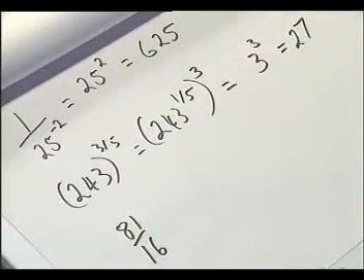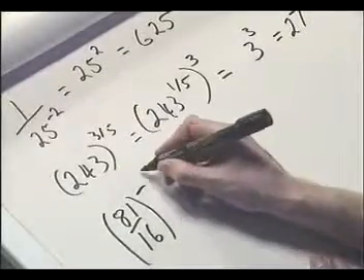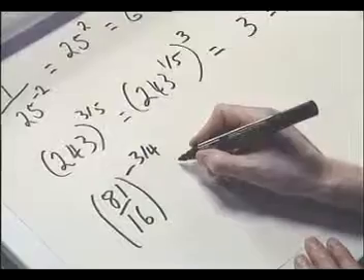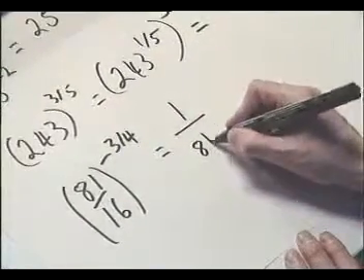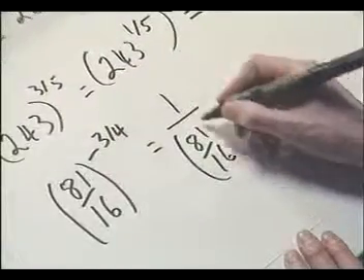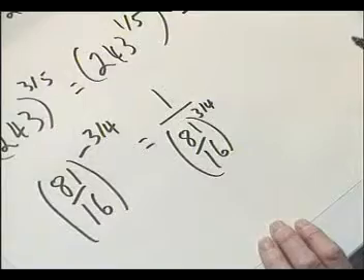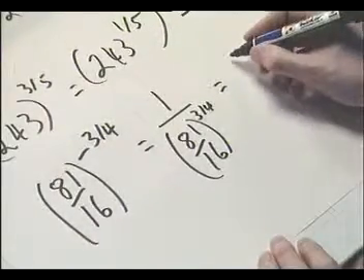One last example. Let's take 81 to the minus 3/4. Okay. Minus sign means 1 over. We're dividing by a fraction. To divide by a fraction, we invert and multiply.